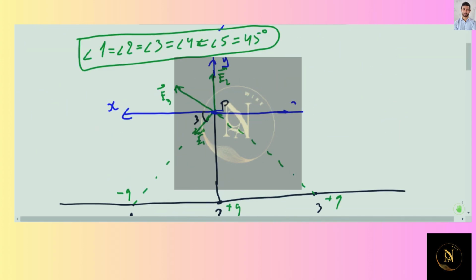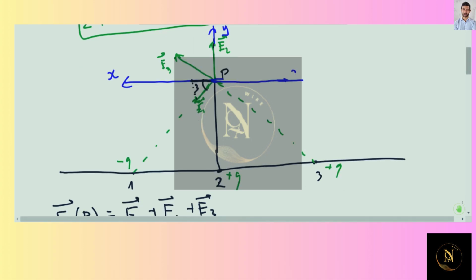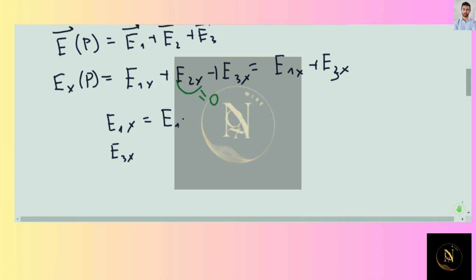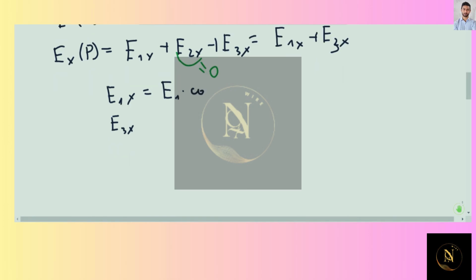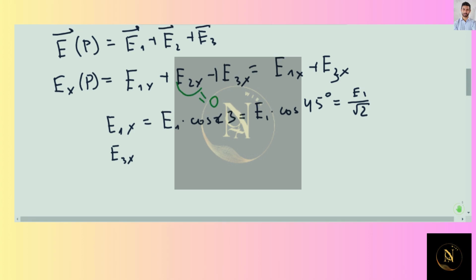So the x component of E1, this length, equals E1 multiplied by cosine of angle 3, which is E1 multiplied by cosine of 45 degrees, which is E1 divided by square root of 2.